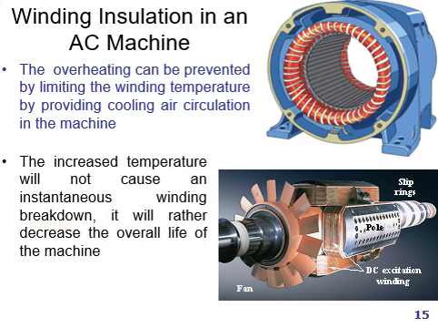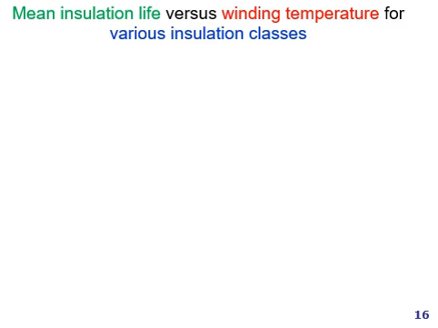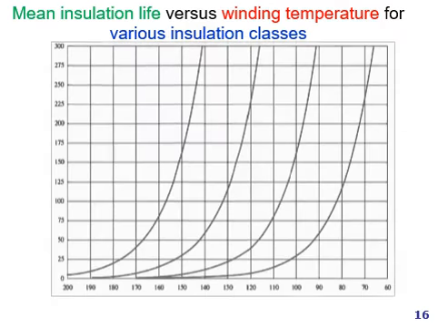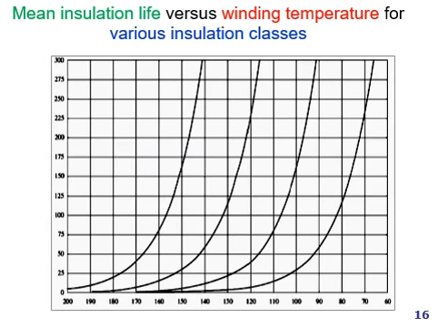Now we will see a chart, or you can say a graph, which relates the insulation life and winding temperature for different classes of winding insulation. On the y-axis you can see insulation life.